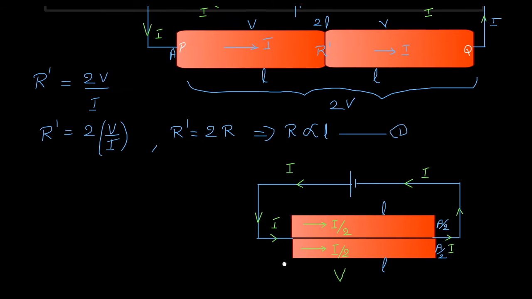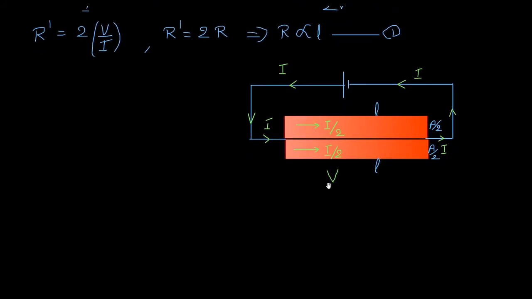Now what happens if the area of cross section is varied? We consider the same conductor of area of cross section A and potential difference V across it having length L, is being split into 2 halves, and each half of the 2 conductors are in contact as shown in this diagram.